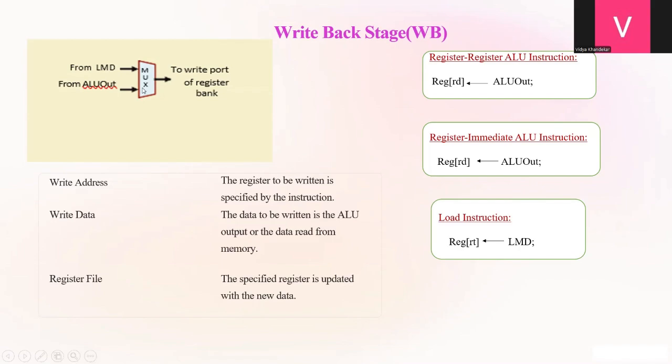So till now we have seen the various data paths required in the various stages: IF, ID, EX execution, MEM memory, and write back. In these 5 stages we can see what data path is required in a MIPS.